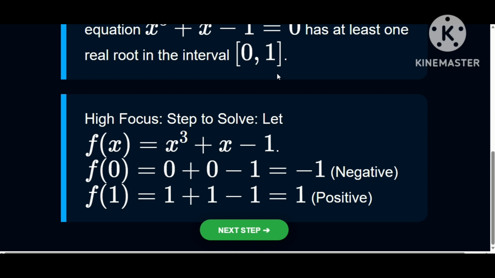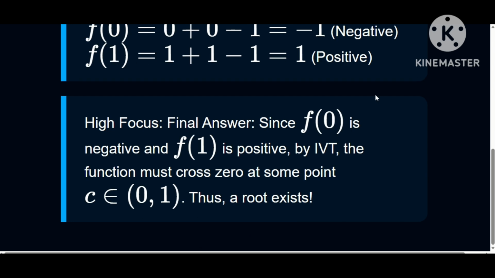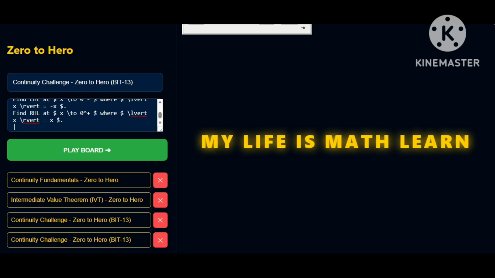So f of 0 is negative and f of 1 is positive. So the function must cross 0 at some point c belonging to the open interval 0 comma 1. Thus a root exists. Let's move to the next problem.